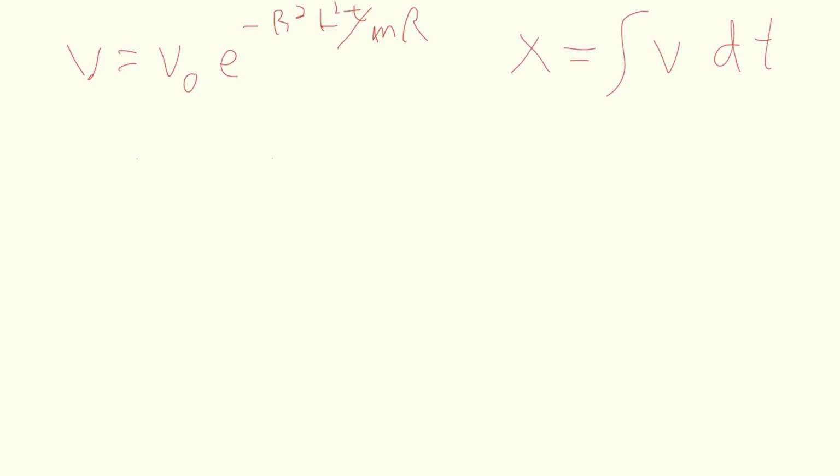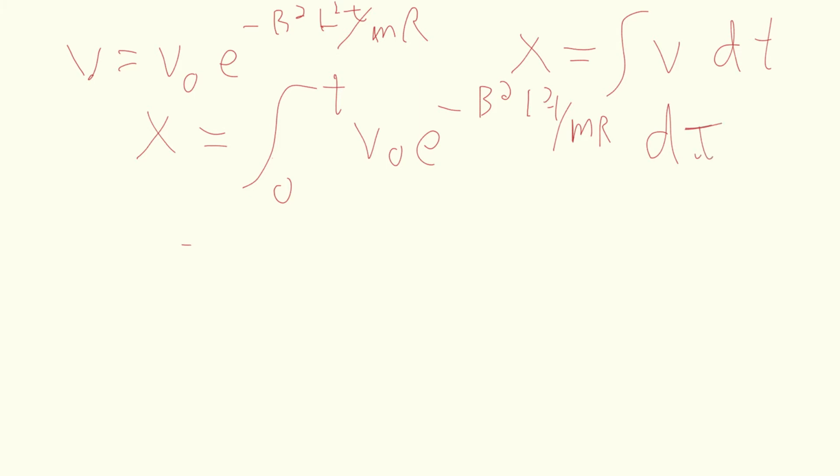So it's going to be x equals, and again from 0 to t, V naught e to the negative B squared L squared T over MR dt. Okay.